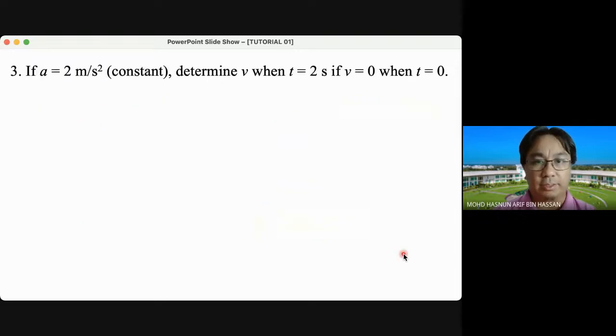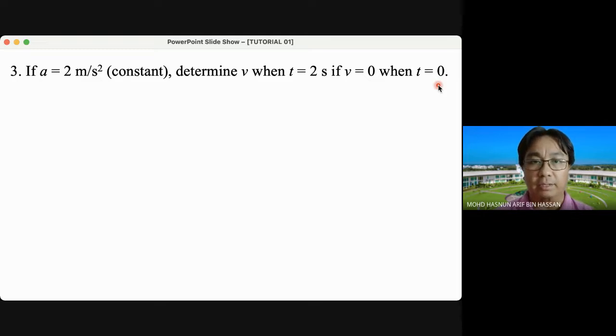Let's go to question number 3. Okay, if A is 2 meter per second square constant. Now the question mentioned that A is constant. Determine V when t equals 2 seconds if V equals 0 when t equals 0. So ini kita panggil sebagai initial condition.